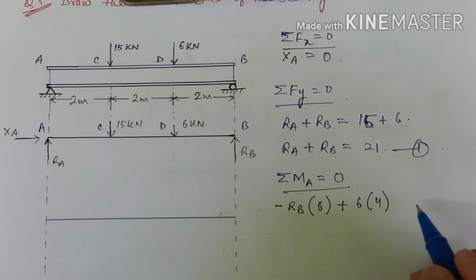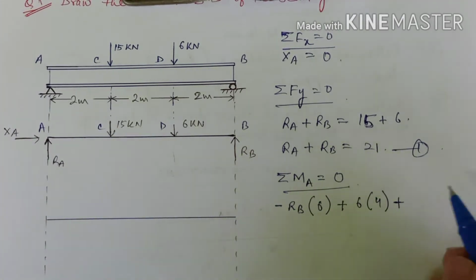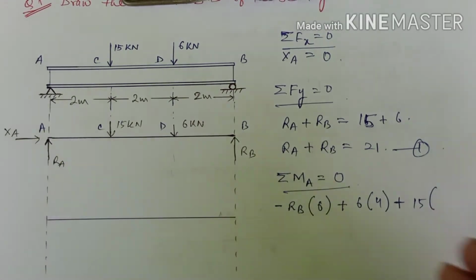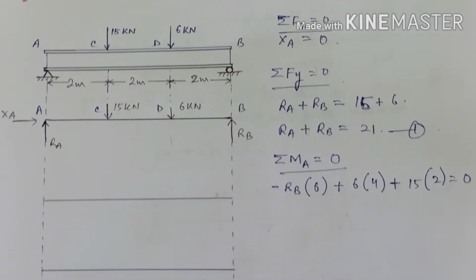Finally at point C, again we have a clockwise moment, that is positive 15 into the perpendicular distance 2, and everything equals 0.